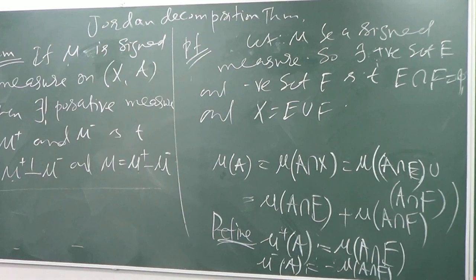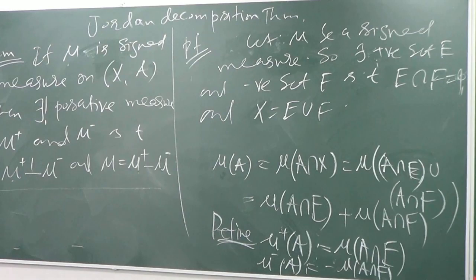A is an arbitrary element in the sigma-algebra. So that means that A can be broken down to A intersection F prime union A intersection E prime.